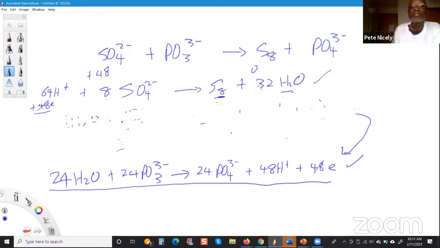Also, these 24 water molecules here will cancel out 24 of these, leaving behind 8. And these 48 hydrogen ions here will cancel 48 from this. So 64 minus 48 gives you 16. So you're gonna have 16 here. And I think that's basically all that will be canceled. So the next step is to write down what's left down here.